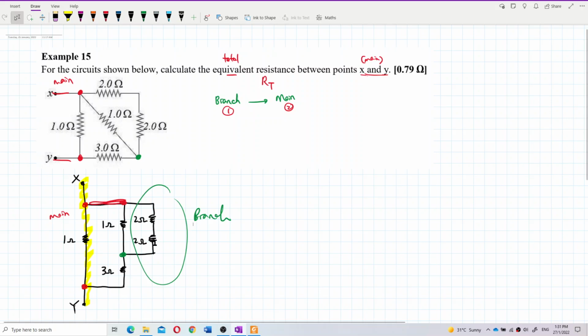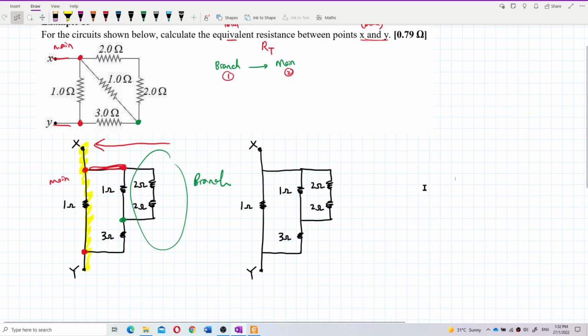We should add them up first, and then this combination we total up with the 1 ohm, which is in parallel. So we work from branch to the main circuit. I hope you can see it. I redraw the diagram already.